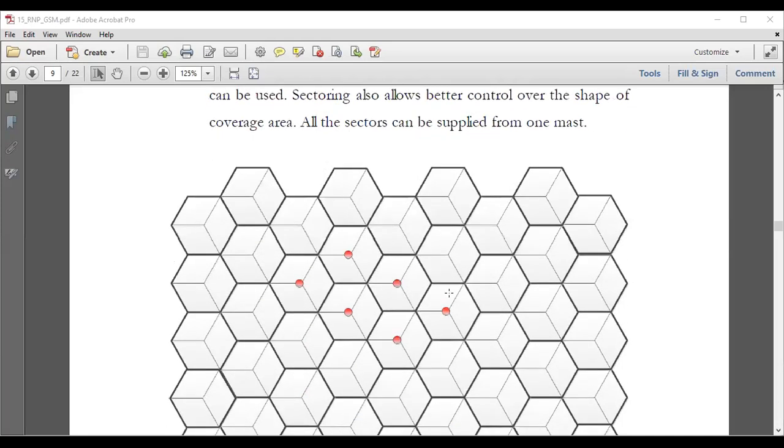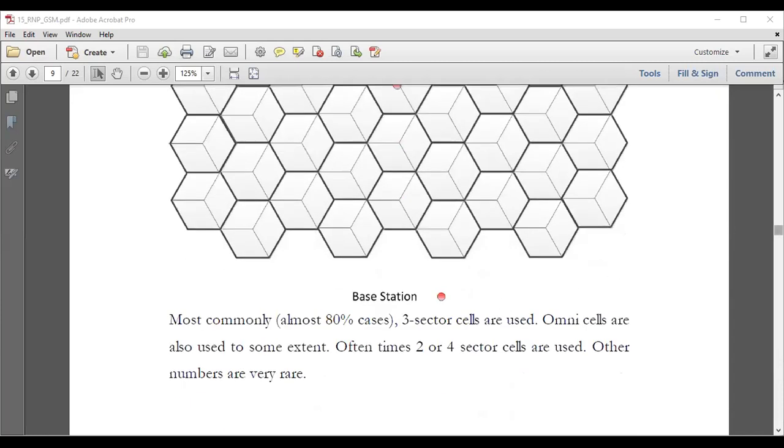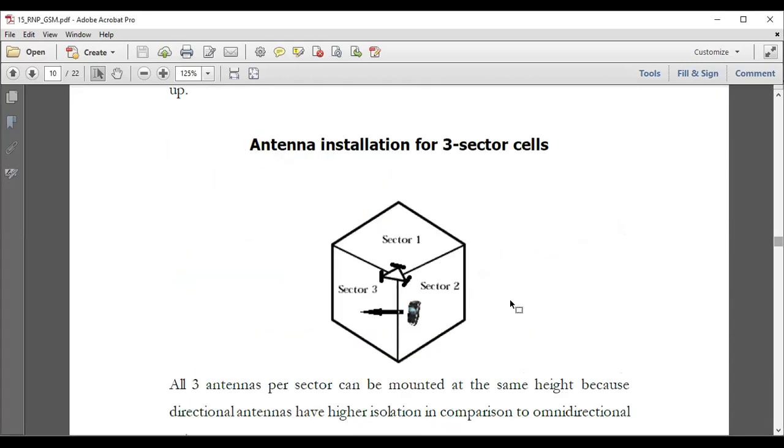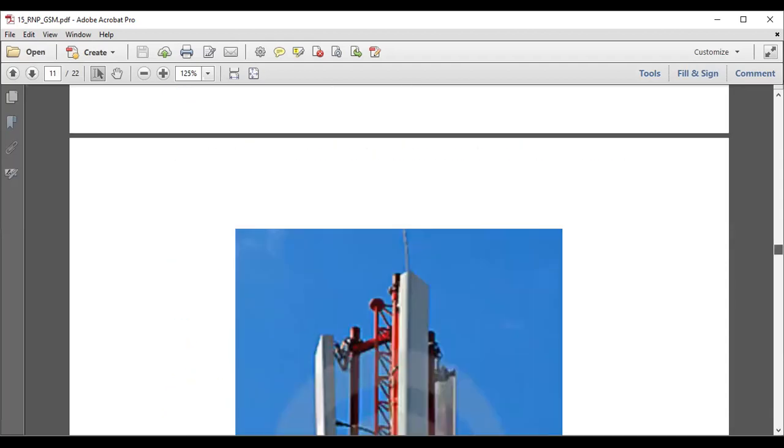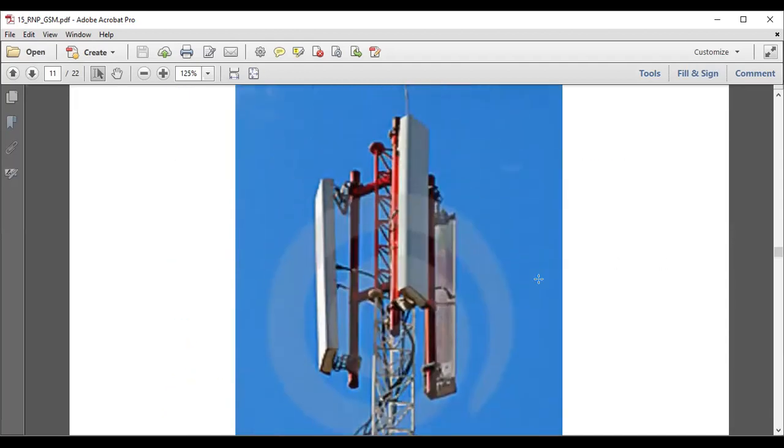In 2G, these small parts are called sectors. Okay. You have three antennas facing three different directions. You may have found this at the top of the tower, where there are three base station antennas in three different directions.